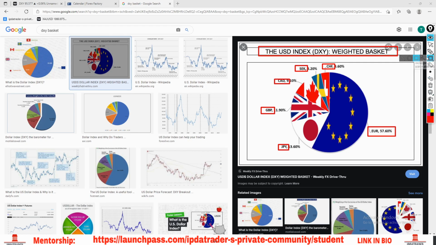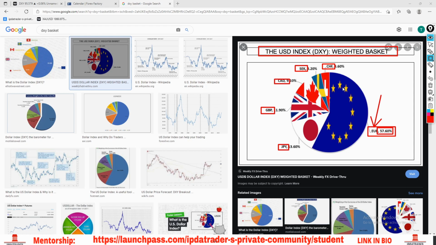What else do we realize? Well, we can also see that the DXY is mostly being measured against the euro, more specifically in and about 57.60%. Well, if you can apply that information to the charts, you should be able to understand that the Euro USD pair, once again, the Euro USD pair and the DXY are going to be most of the times inversely correlated, right?